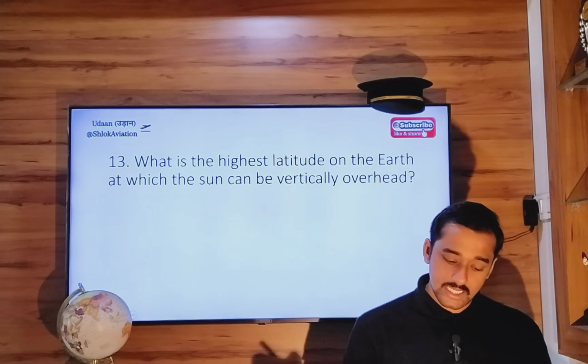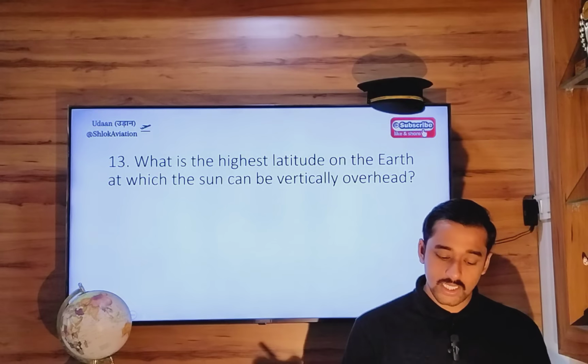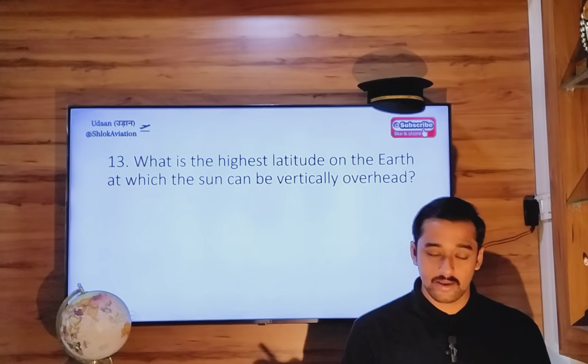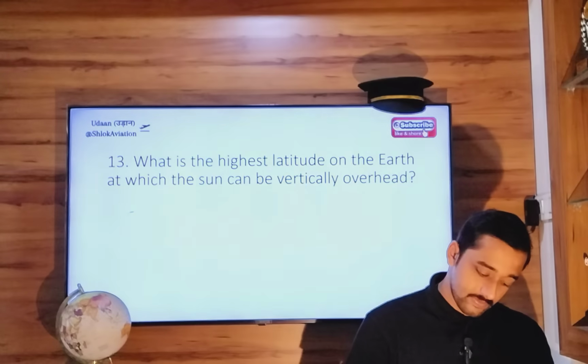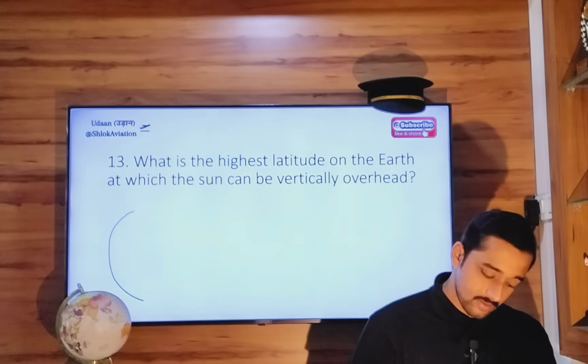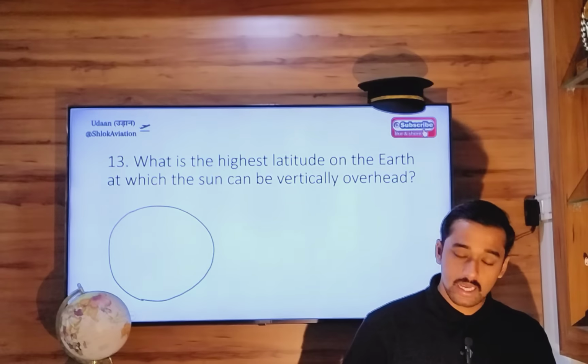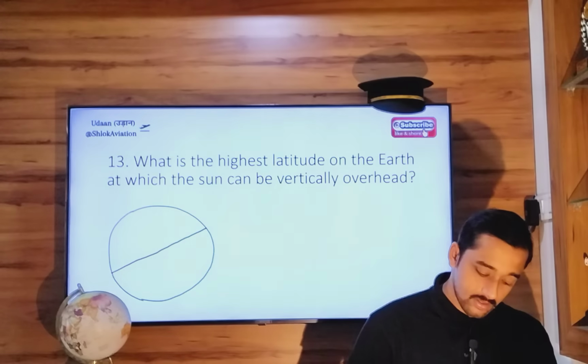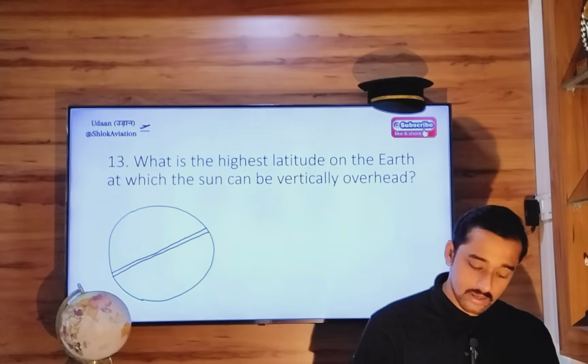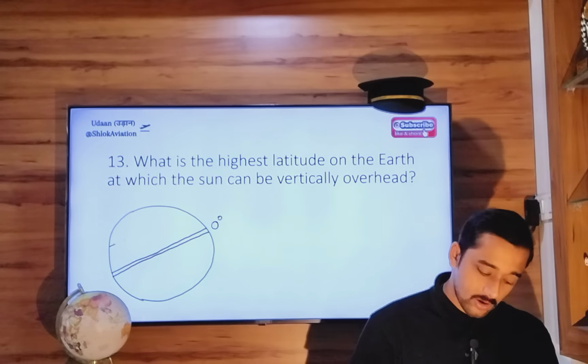Next, what is the highest latitude on the earth at which the sun can be vertically overhead? Okay, so let's say this is your earth. There is the equator, 0 degree equator. We have Tropic of Cancer.